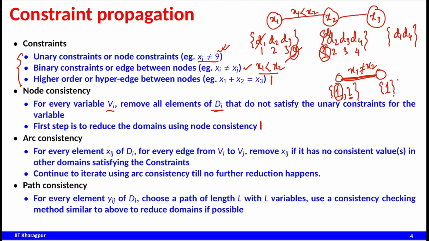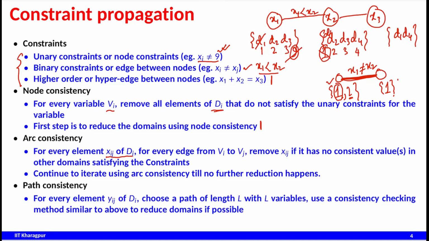So what we will try to do is, for every element xij of di, I take a value on this part. When I take xij, that means I take one value and look into this edge.